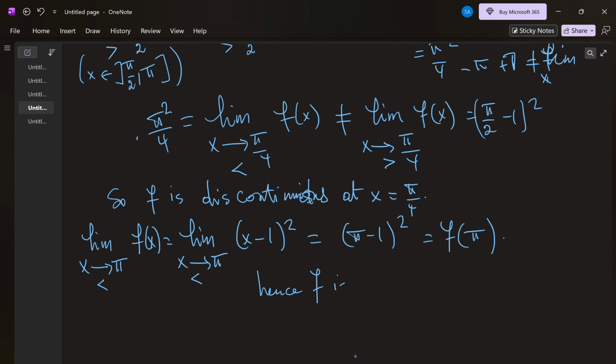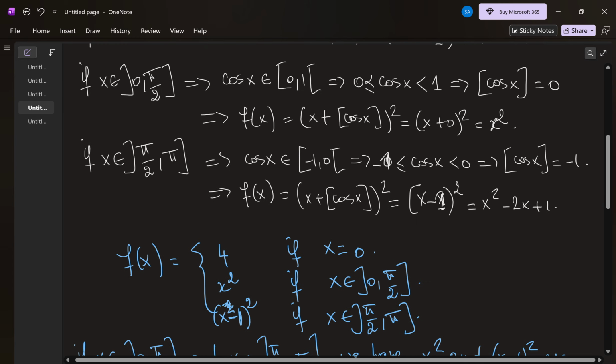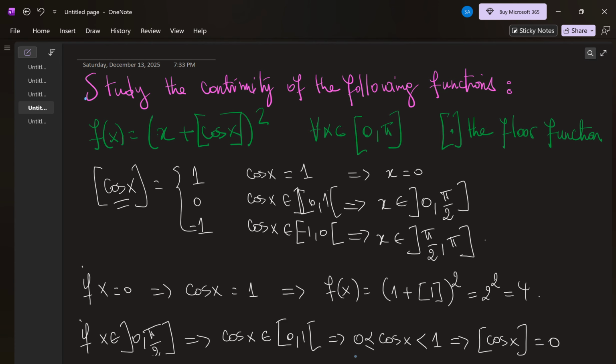Hence f is continuous at the point x equals π. Now this is the study of continuity of the function f of x equals x plus the floor of cosine x all squared.